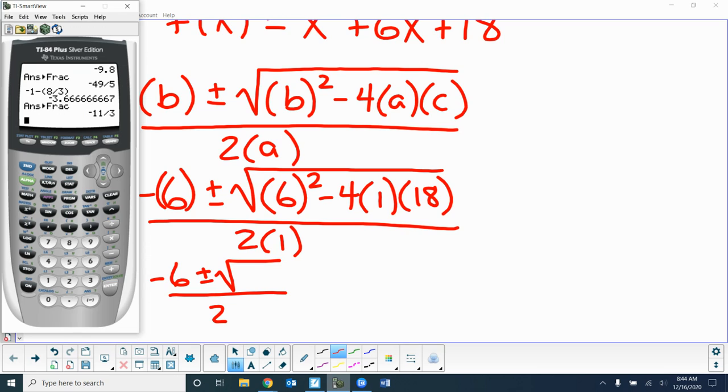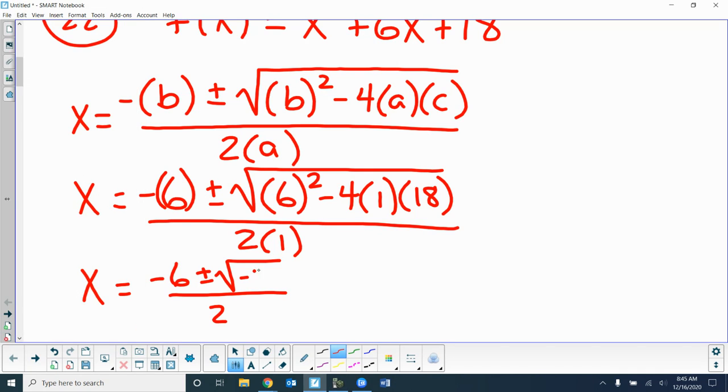Okay? So 6 squared minus 4 times 1 times 18. That's a -36. Okay? Which is a nice number. Why? Perfect square.